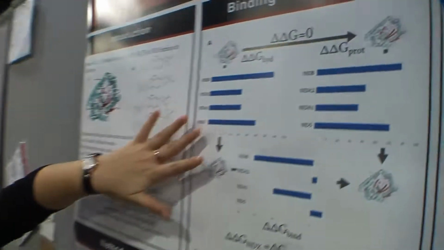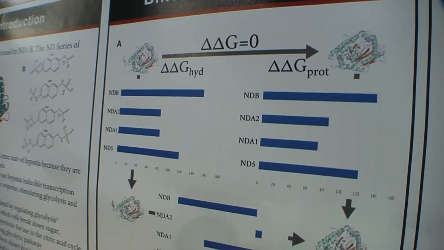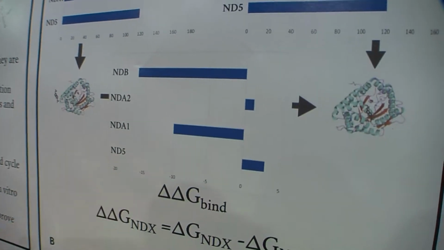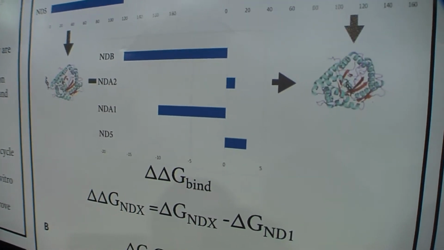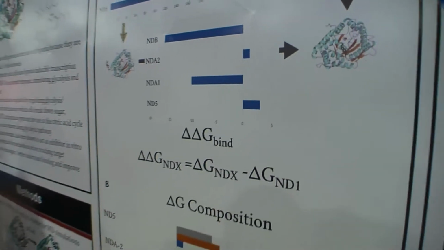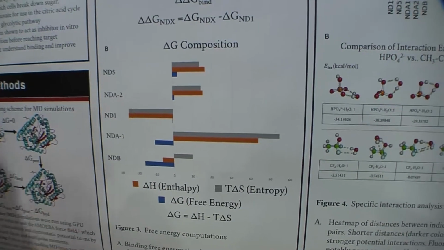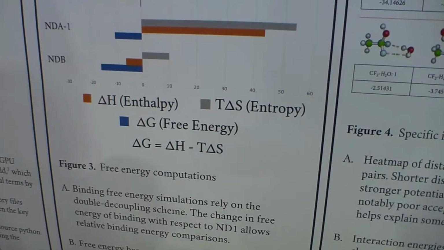Once we had our simulations run, we had some data output, and we found that the delta G binding for NDB and NDA compared to ND1 were significantly lower, which is a good thing. That means that it has a much higher affinity. So then we were able to break this down and do the delta G decompositions. And the traditional idea is that there's an enthalpic and an entropic component.